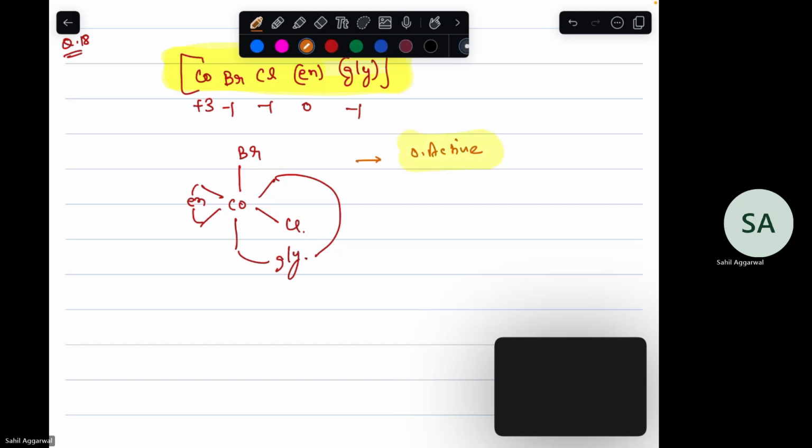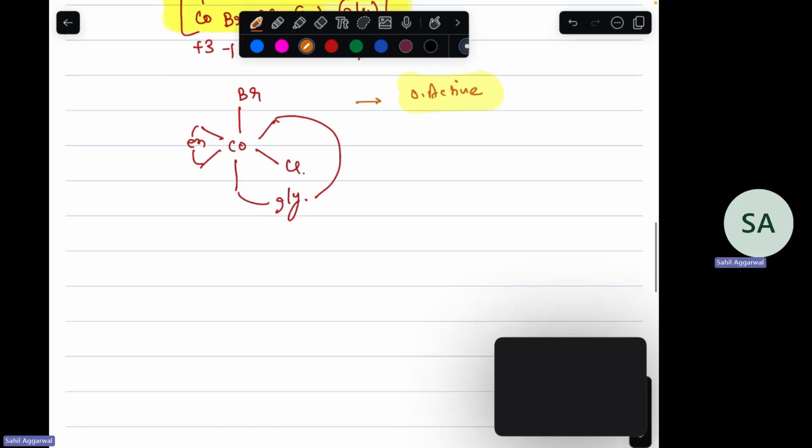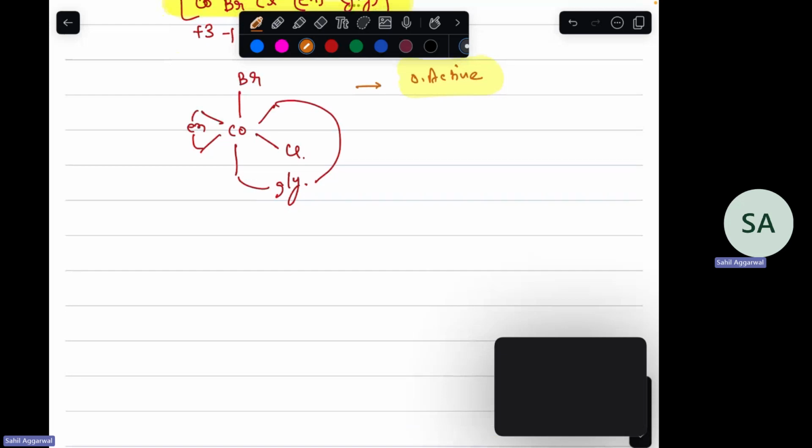Compound would be less stable or highly unstable because bidentate ligand should be present at adjacent positions, but it does not have plane of symmetry. So you can say it will be optically active.